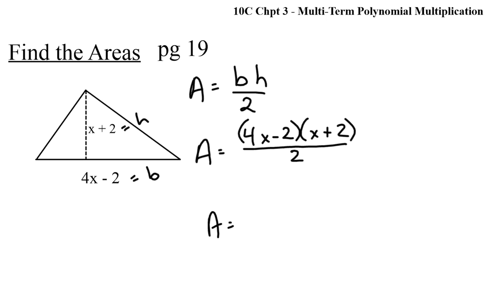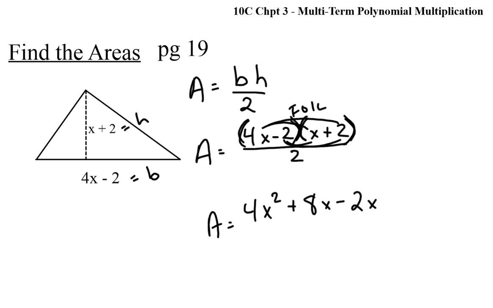Well, the first thing you're going to have to do is the FOIL up top. Binomial times a binomial. Again, FOIL steps. 4x squared plus 8x minus 2x minus 4. And all of that needs to divide by 2. Remember, when we're dividing a polynomial by a monomial, every term needs to divide by the 2.